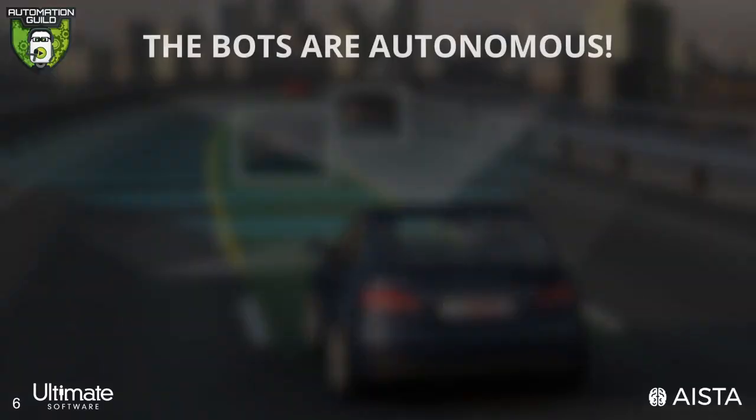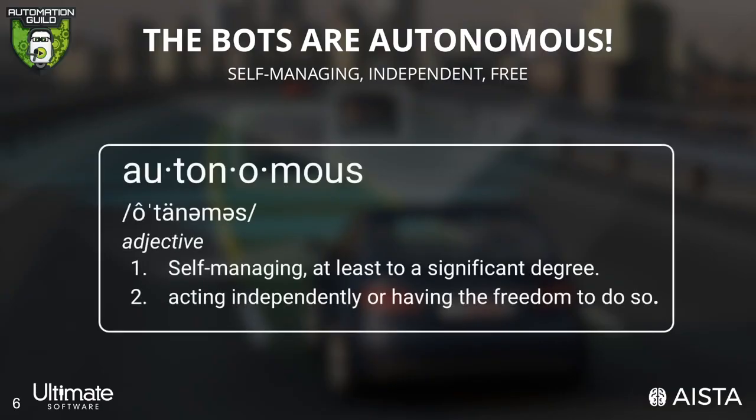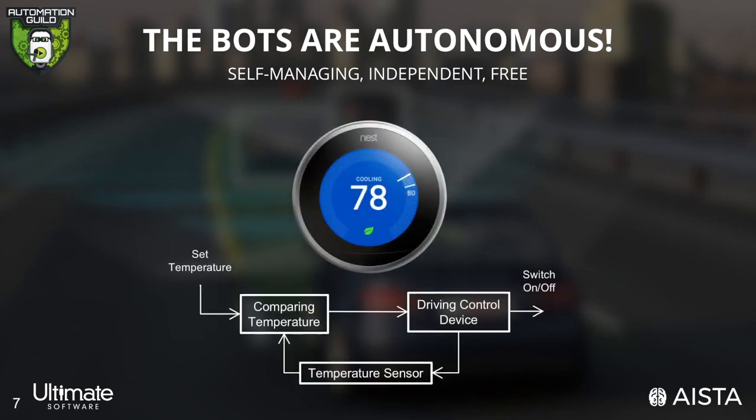The first point is that self-managing systems, which are autonomous and independent and free, at least to some degree, are important when you start talking about automation. In other words, they need to act independently, or at least have the freedom to do so. And that's what these bots are doing. We can't really talk about autonomous control and automation in that way without thinking about what are called control systems, and in particular, control loops.